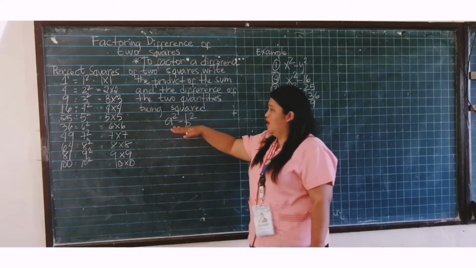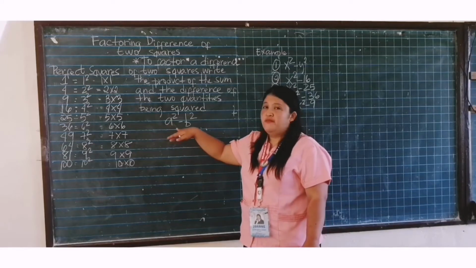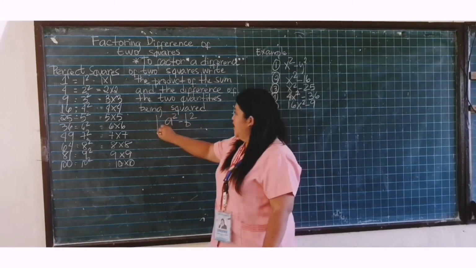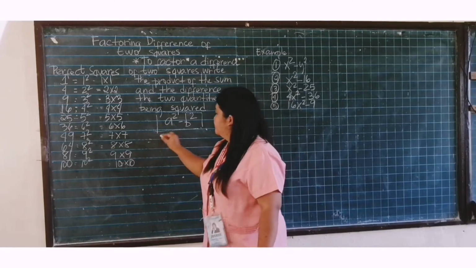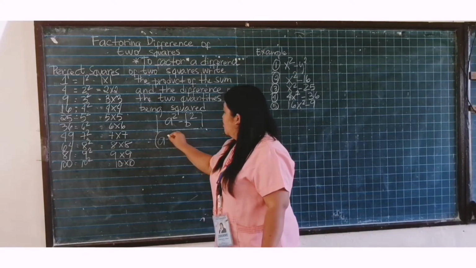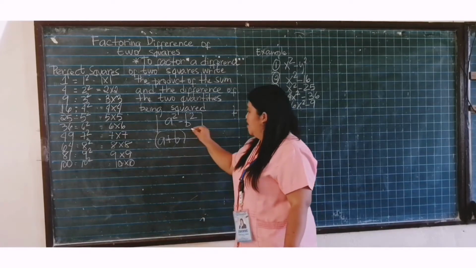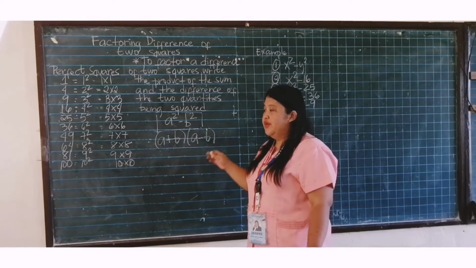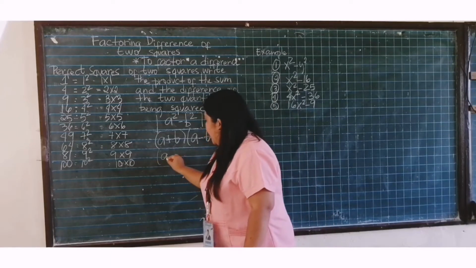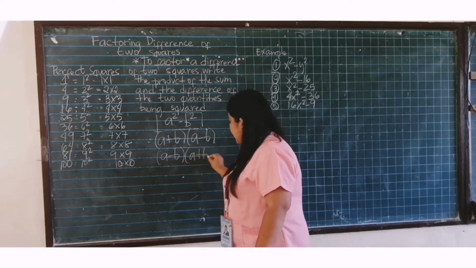So, if the expression is a squared minus b squared, we can factor it into these two factors: a plus b and a minus b, or we can write this as a minus b and a plus b.